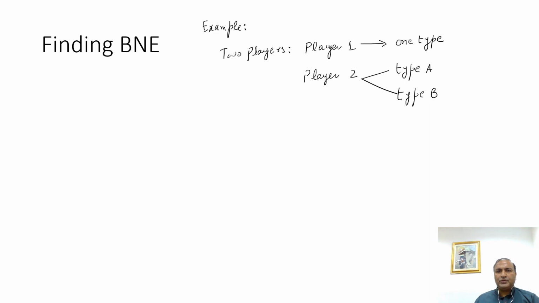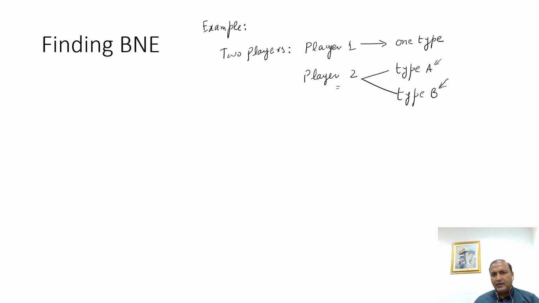It means that player 1 has some incomplete information about player 2. When player 1 is playing the game with player 2, he does not know if player 2 has type A or type B. So this is the situation of incomplete information.